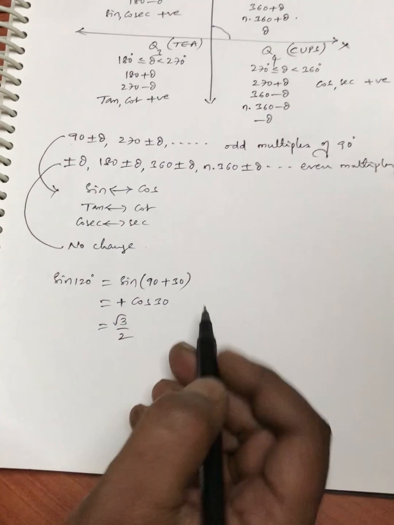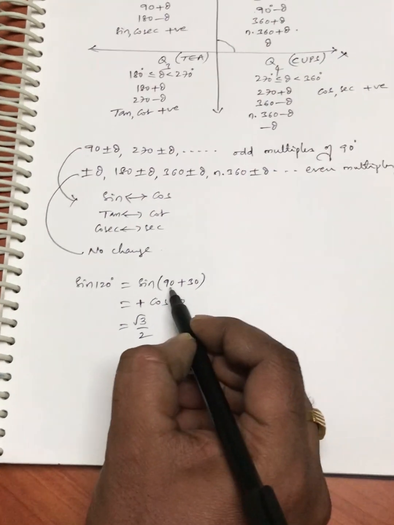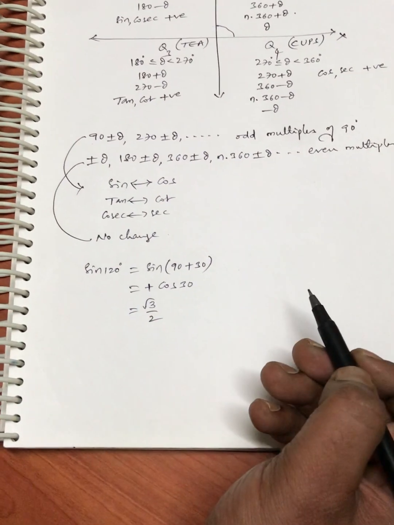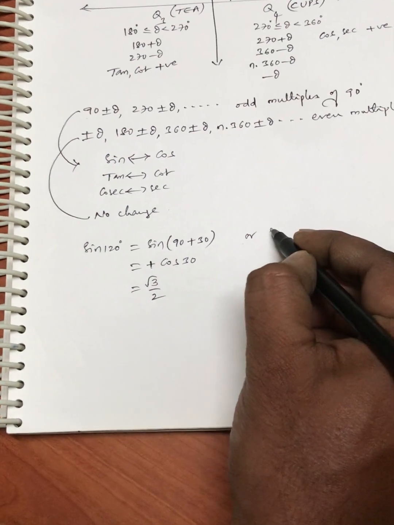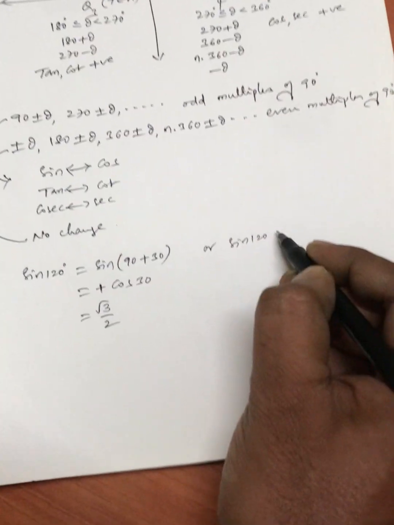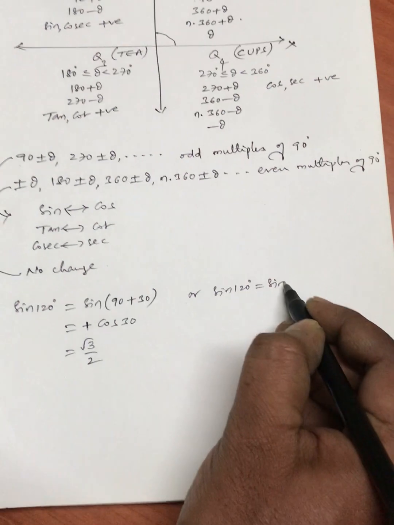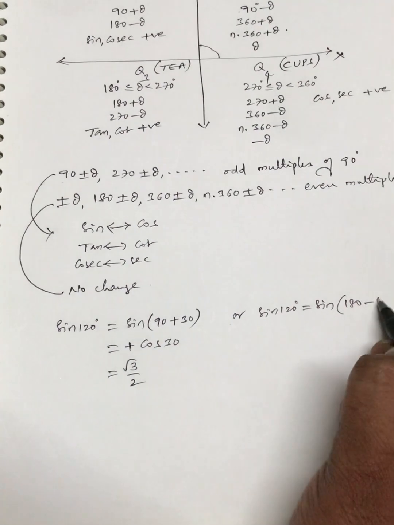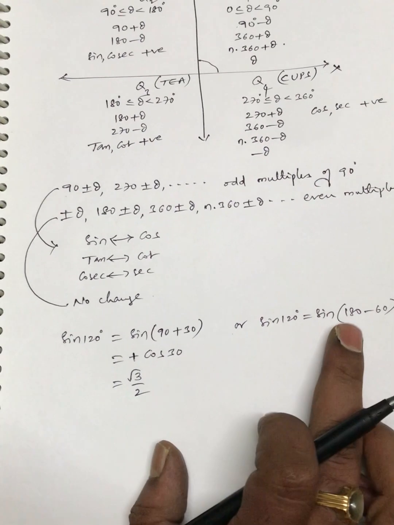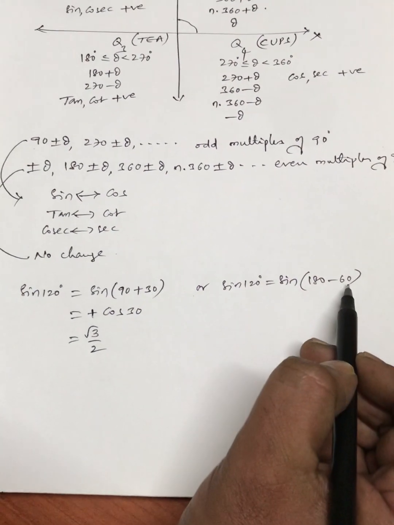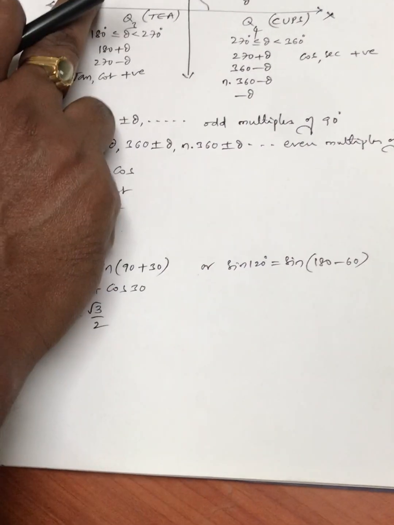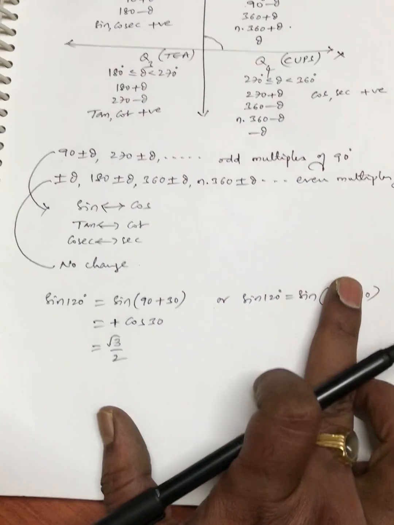Now you can ask one more question, sir. You can write 120 as 180 minus 60 also. We can apply that also. For example, I am taking one more method. Sine 120 equals sine of 180 minus 60. Now observe. The first step is to observe the angle. Here 180 minus theta lies in the second quadrant.